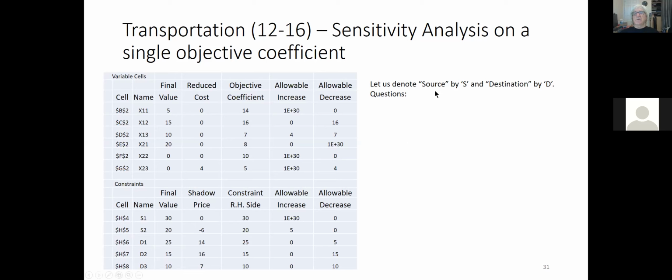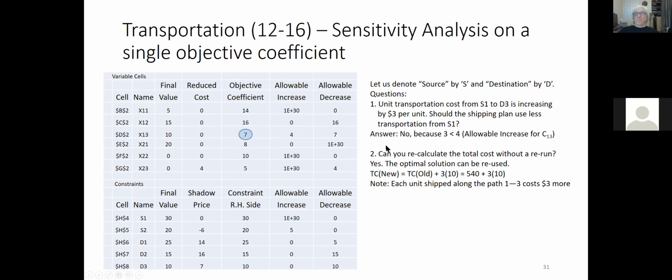For convenience, I denote the source by the letter S and destination by the letter D. What happens here is a single change. The unit transportation cost for the good old transportation problem that we solved last time, from source 1 to destination 3, is currently 7.